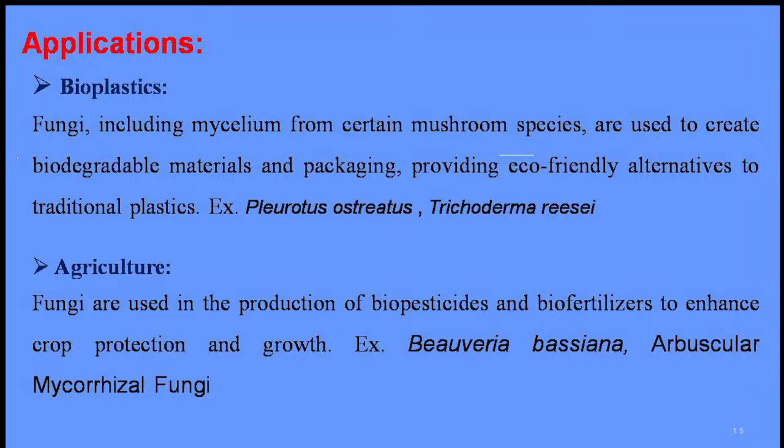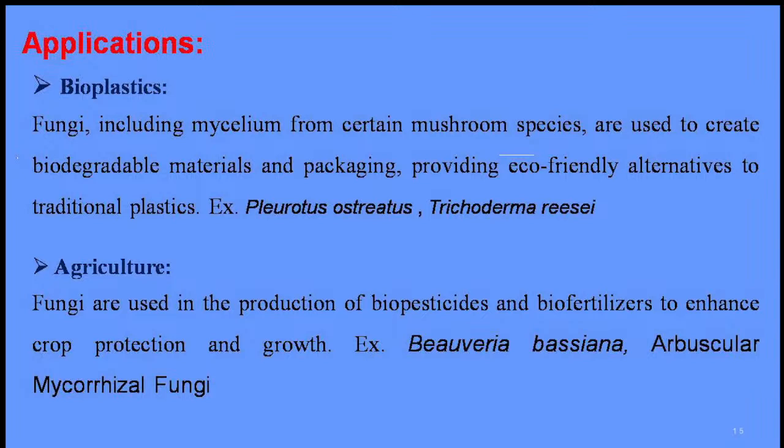Then Metarhizium anisopliae, another entomopathogenic fungus. Metarhizium species are used to control pests like termites, grasshoppers, and certain beetles. These fungi can be applied as spores or mycelial formulations.